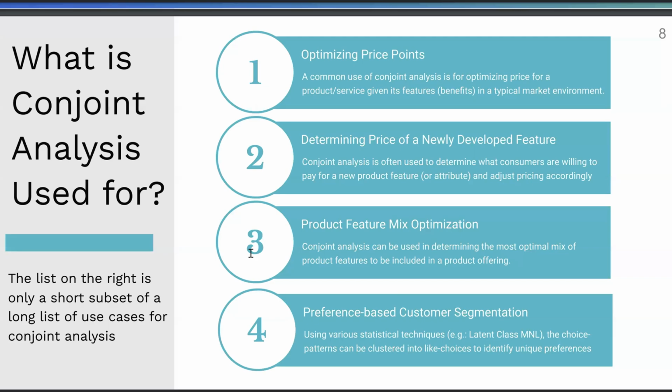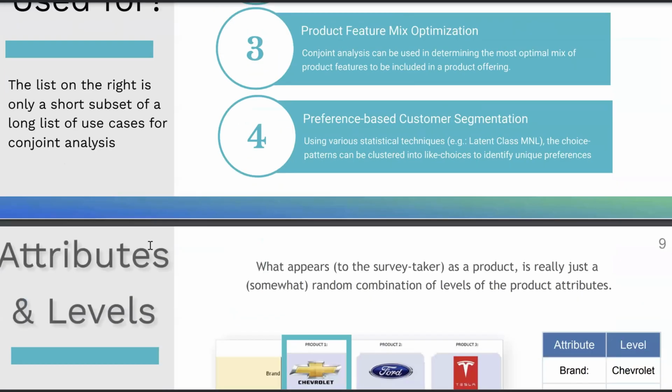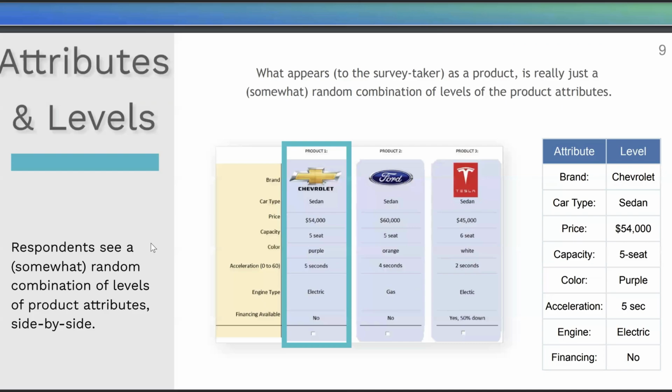Okay, so moving on, let's talk a bit about the building blocks of conjoint analysis, which are attributes and levels. What do we mean by attributes and levels? Every product really has attributes. In the example that I showed you earlier, one of the products is a Chevy. It's a sedan.